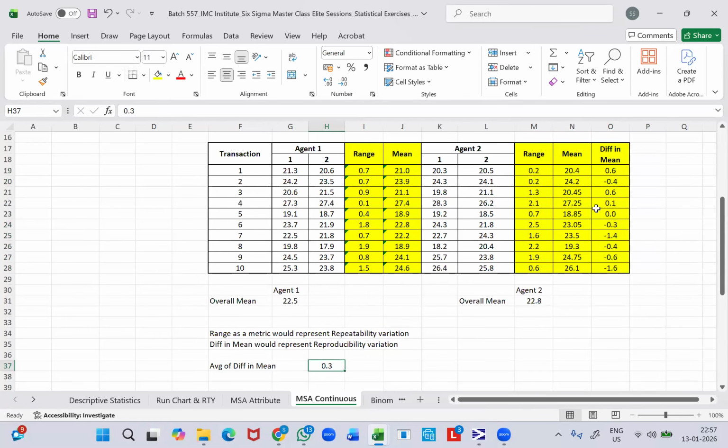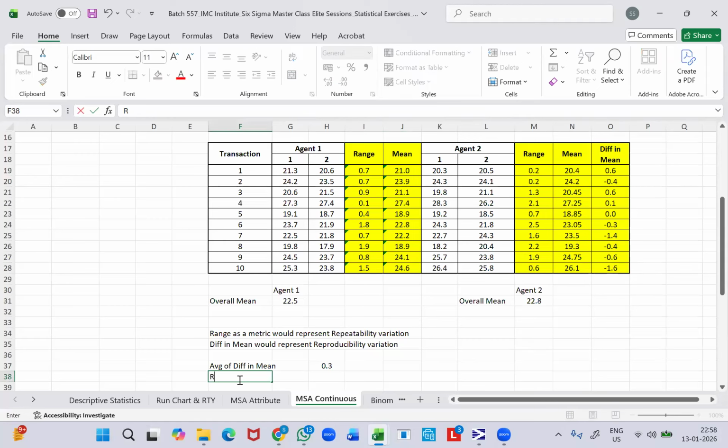And if you see the individual transactions, the differences in mean is quite significant for transaction number 7 and transaction number 10. So these two are the only transactions wherein we have differences in mean in excess of 1. That means it's quite significant, right?